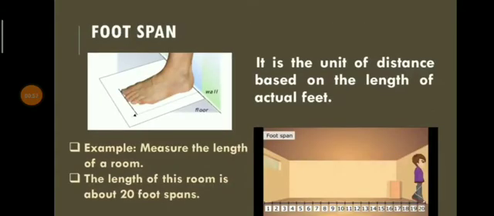Footspan. Students, footspan is also known as pace. It is a unit of distance based on the length of actual feet. Let us measure the length of a room. As you can see in the picture, the length of this room is about 20 foot spans.